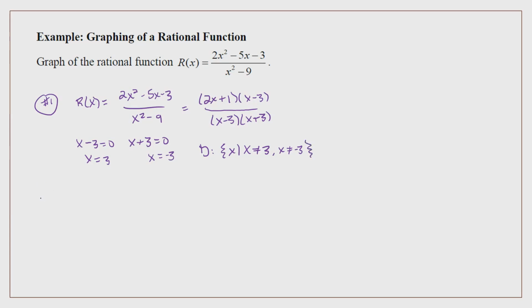Okay. Step number 2, we want to write r of x in lowest terms. So if we look at the factored form of r of x, we'll see that we have a common factor in the numerator and denominator. So when we cancel those common factors, the lowest term of r of x is going to be (2x + 1) divided by (x + 3).